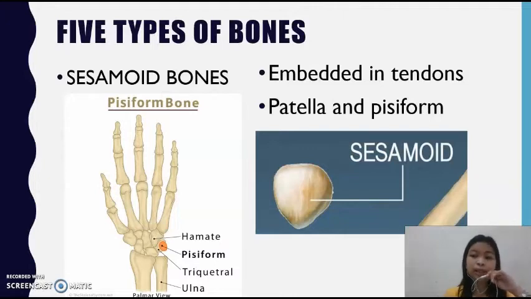So, patella is the kneecap. Ito yon. And the pisiform. So, pisiform is located in our hands sa metacarpals. Ayan. So, ito yung pisiform. So, kung mapapansin nyo, same sila ng shape. Ayan. Nung sa patella and dito sa pisiform.